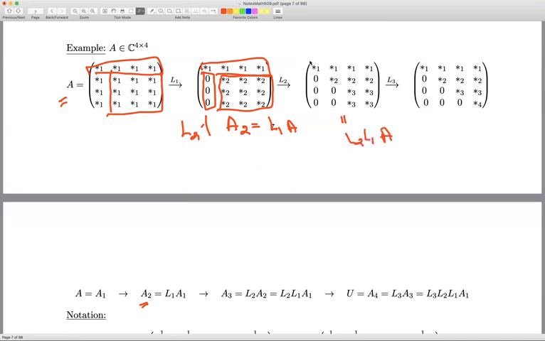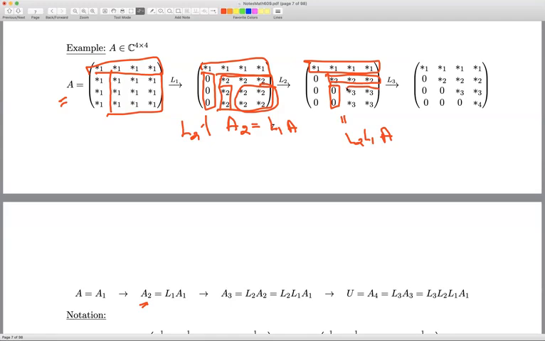As a result, we will keep the first row unchanged. We will keep the second row unchanged. Below the second column, everything is 0, so we make this element 0. And then these elements here will change because we do some arithmetic operations over them.